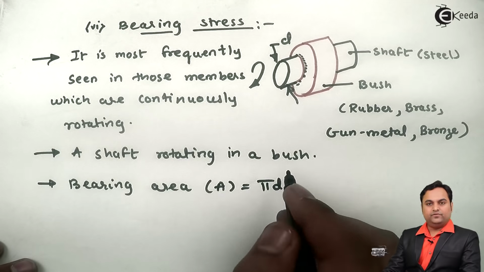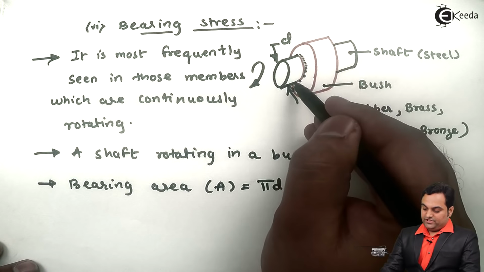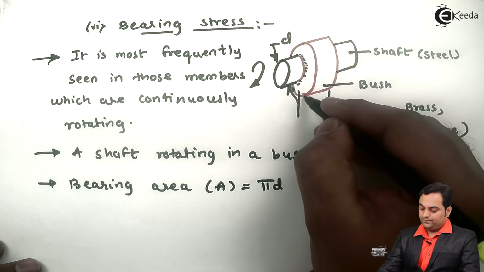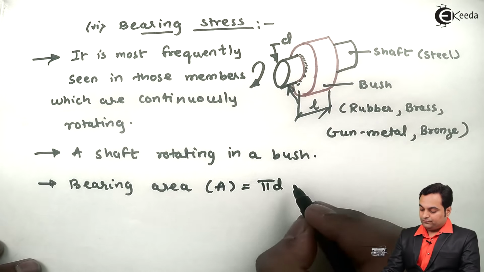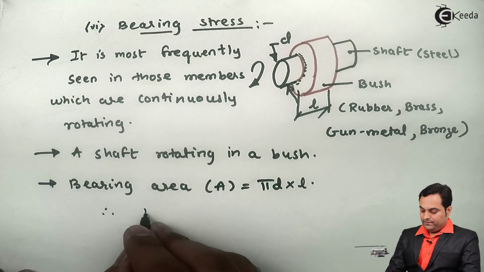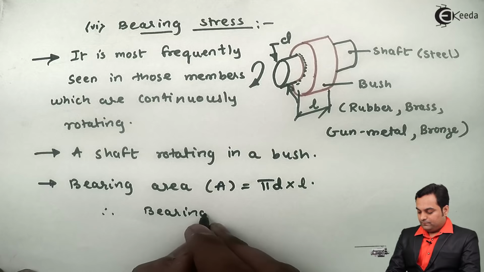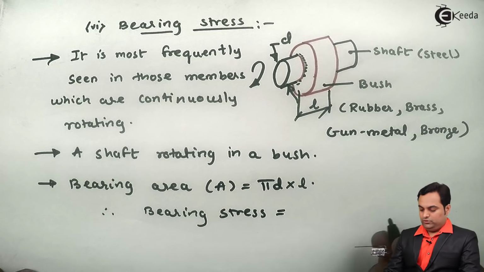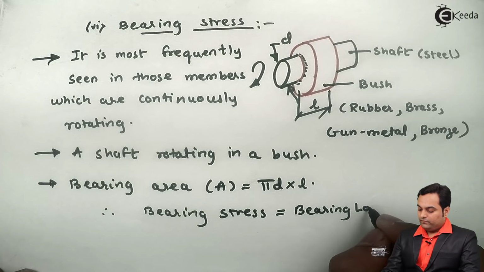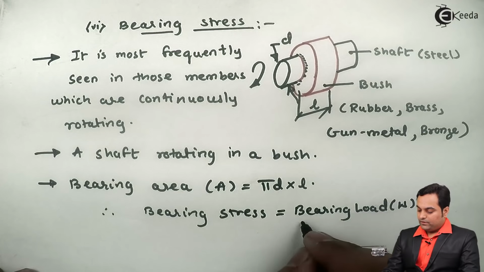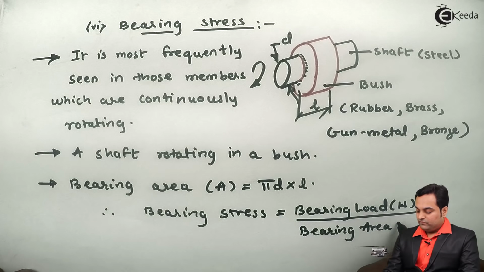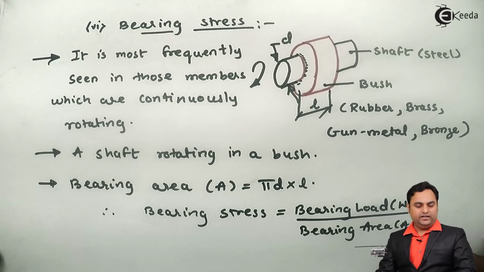So pi d is the circumference over which this bush is in contact, and if the length of this bush is L, then pi d into L is the bearing area. Therefore, bearing stress is equal to bearing load, which I denote by W, upon bearing area, A. So this was regarding bearing stress.